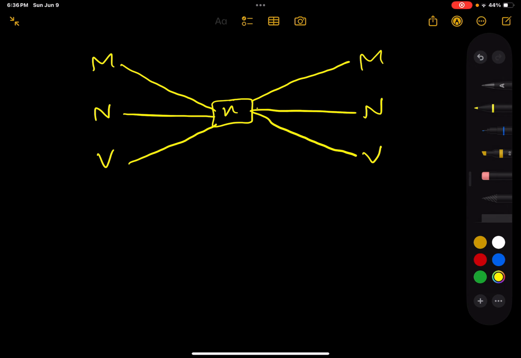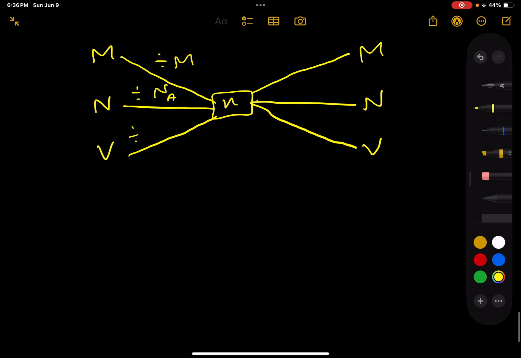So over here we divide by M. Over here we divide by Na. And over here we divide by 22.4. Over here we multiply by M. Over here we multiply by Na.